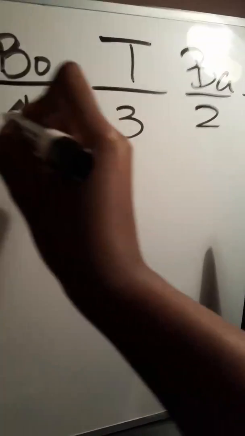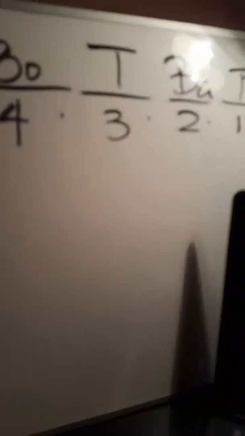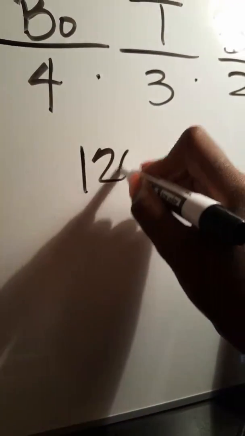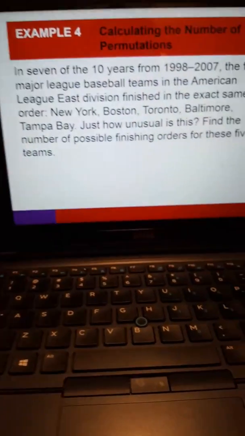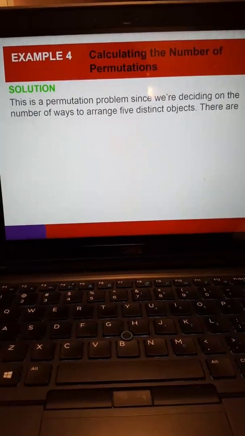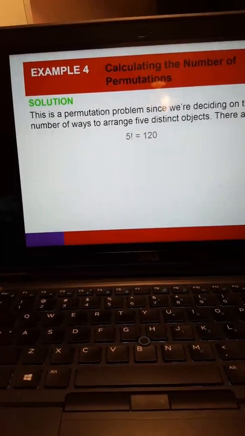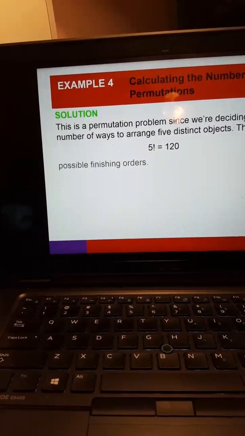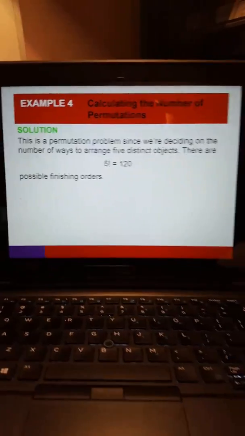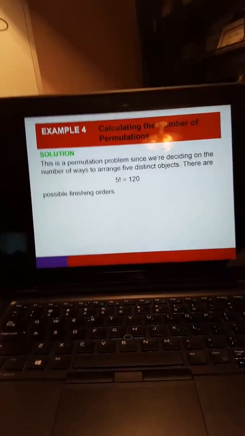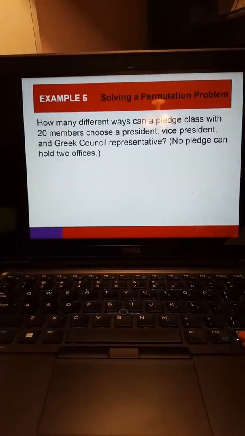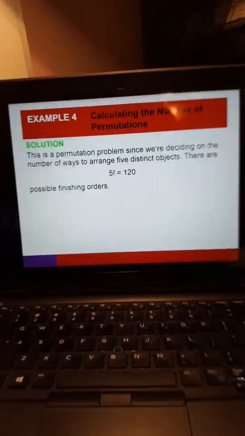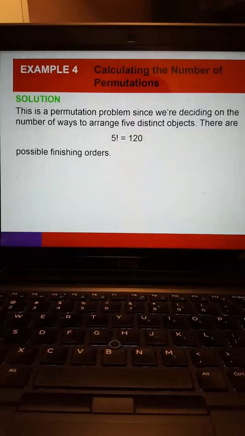So now we're left with 5 times 4 times 3 times 2 times 1, which should be 120. There are 120 ways that those teams can be arranged, with those 5 being in the first 5 positions. Any questions about that one?